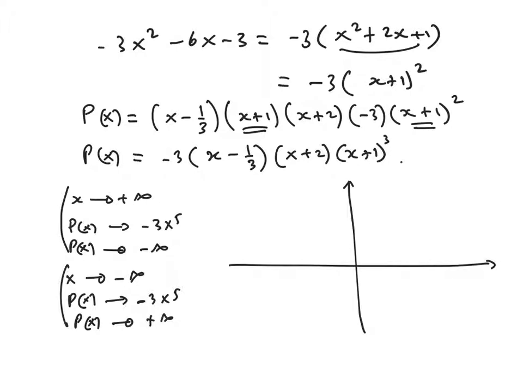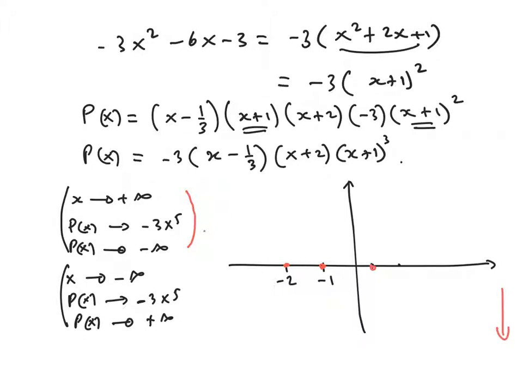Let's put the zeros first. One zero is at x equal to -2. Another zero at -1, and a zero at 1/3 approximately here. So these are our zeros. Now we have seen that as x becomes very large, p of x becomes very small, so we put an arrow here.